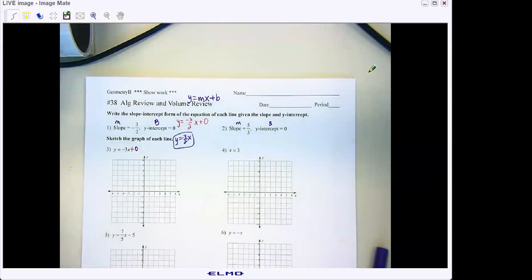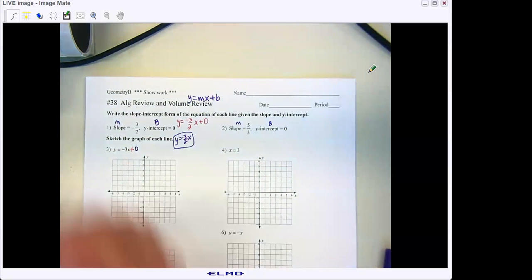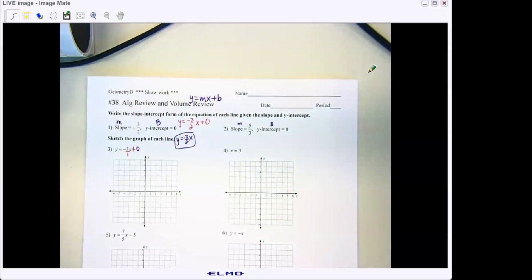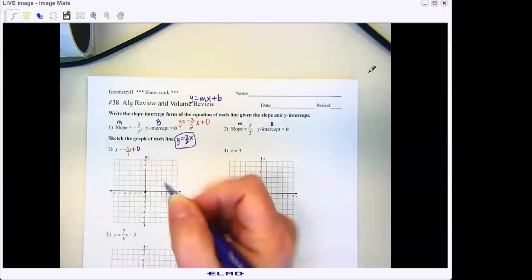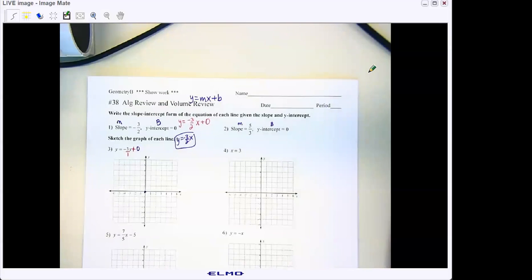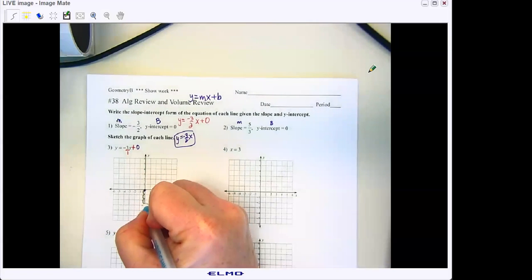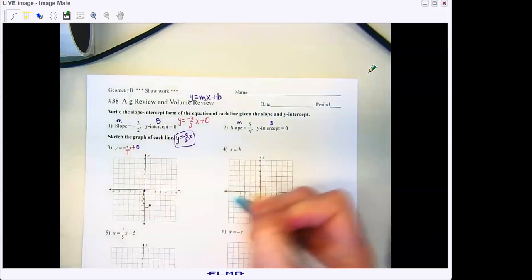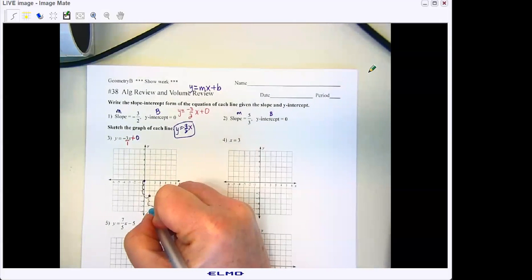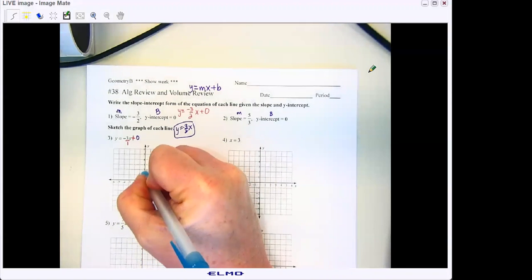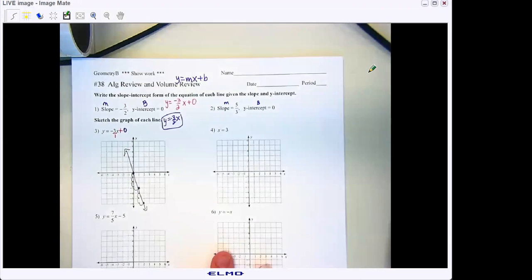And when we're gonna graph this, I need a number underneath the -3, and we can put a 1. So when I graph it, I start at b, and I go down 3, 1, 2, 3, and over 1. And then I do it again. 1, 2, 3, and over 1. And there's my line.